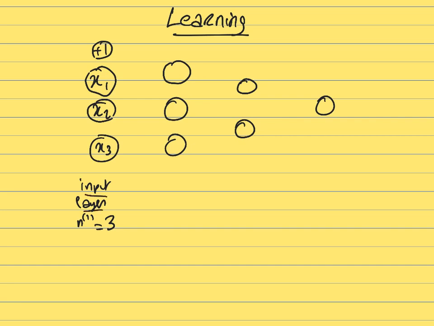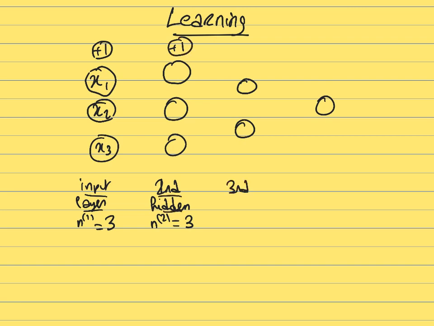Then you have the second layer, which is a hidden layer, with 3 neurons plus 1 bias again.